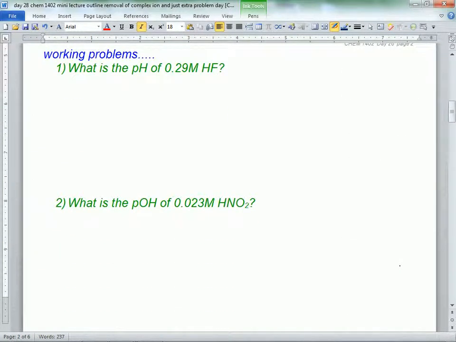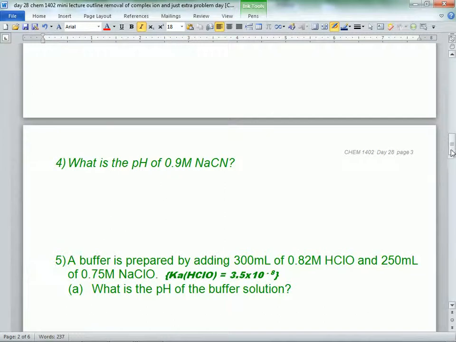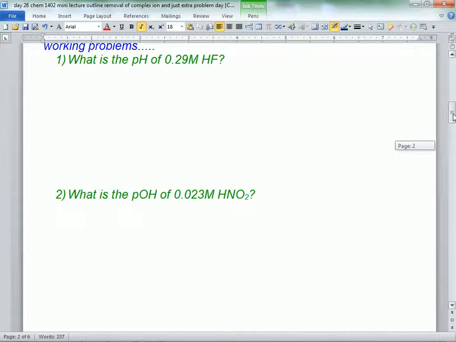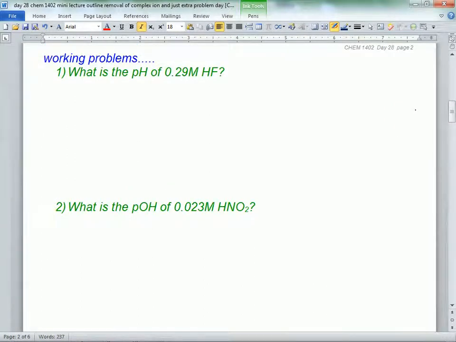Okay, so all of this stuff is your homework, right? If we start here, but before we just jump into this, I want to make sure you catch this trick question. It's not really a trick question, but it looks like one. Let me ask you, do you have to use ICE to solve this question? That's the key. Is this a strong acid? No, it's not, right?